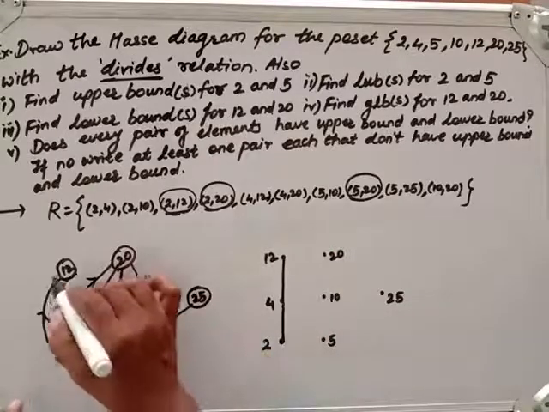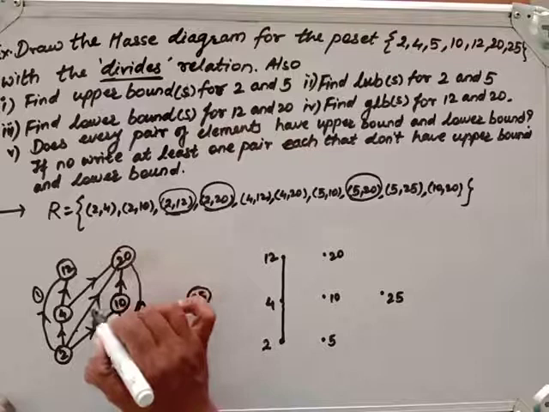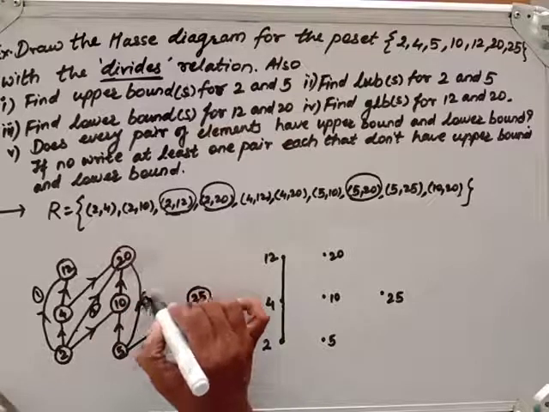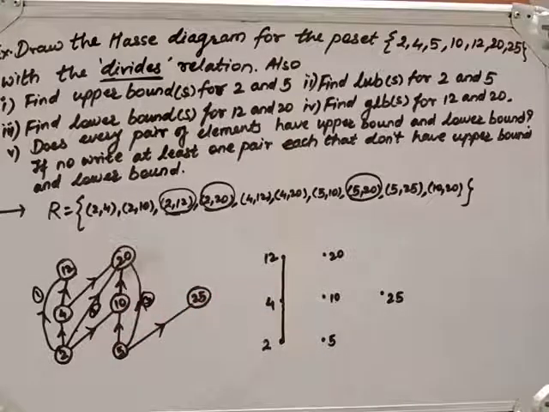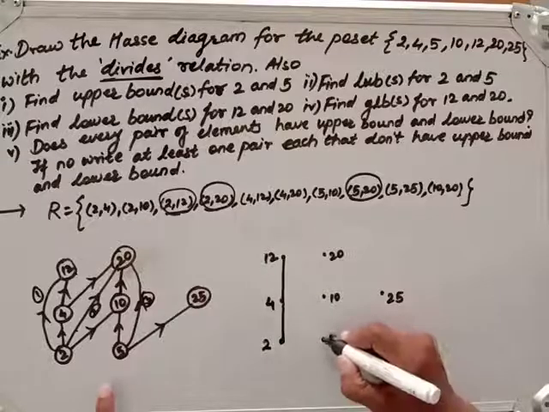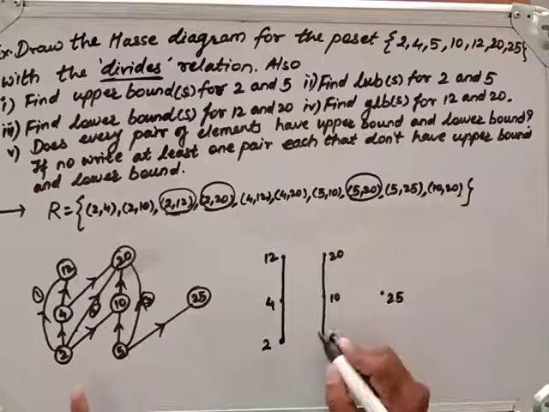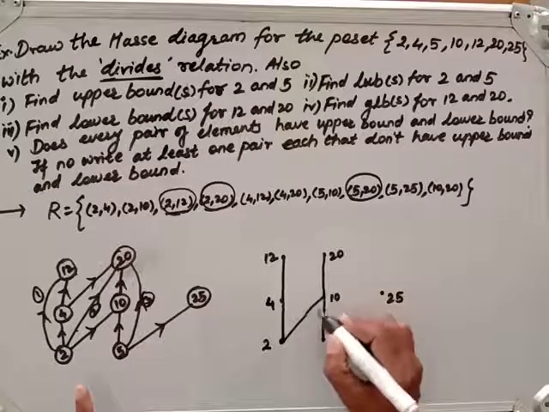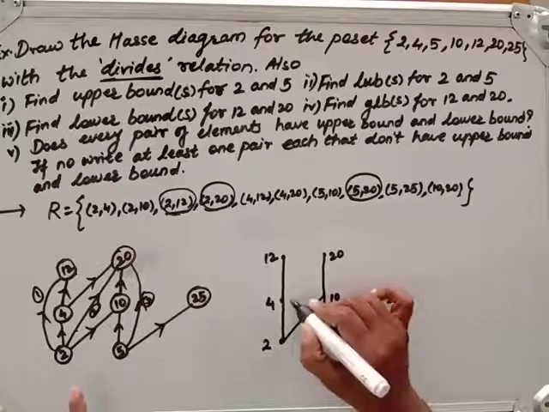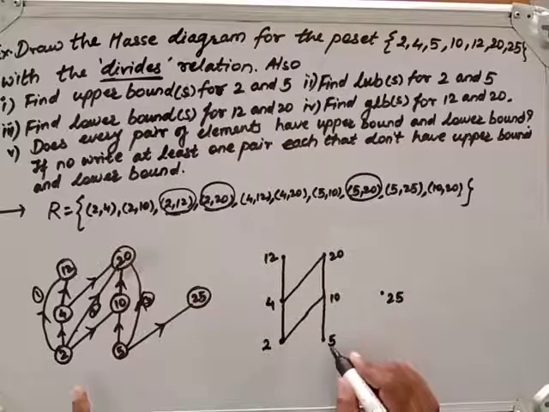Now we have to remove this 1, 2 and 3. Except them we will draw the other lines here. So this one, okay, then 2 related to 10, also 4 related to 20 is there and 5 related to 25.